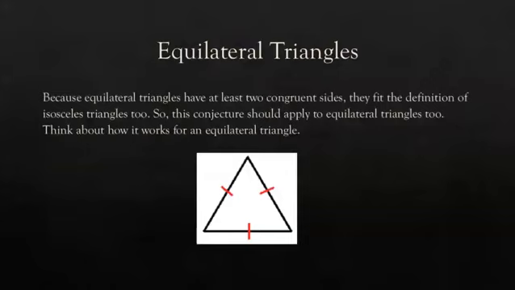What does that mean in an equilateral triangle? An equilateral triangle does have at least two congruent sides. It fits the definition for an isosceles triangle. So this conjecture should apply to the equilateral triangle too. Think about how it works. What would you call the base angles here? Well, if you're looking at the right side and the bottom, then you would call the angle at the top and the angle at the left side the base angles, so they would be congruent.